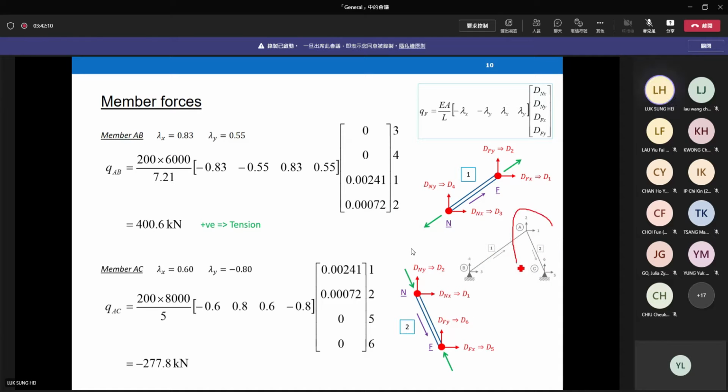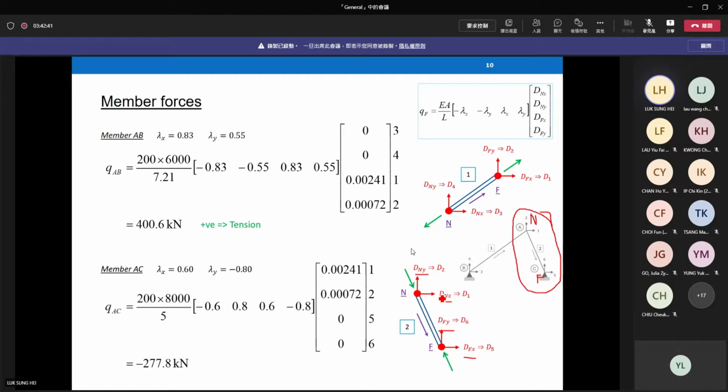When you take a look at the structure, the bottom node is node F. The upper node is node N. Depending on your orientation, the arrow points to node F. The other side is node N. It helps you to define how to set up the displacement: dNx, dNy, dFx, and dFy.